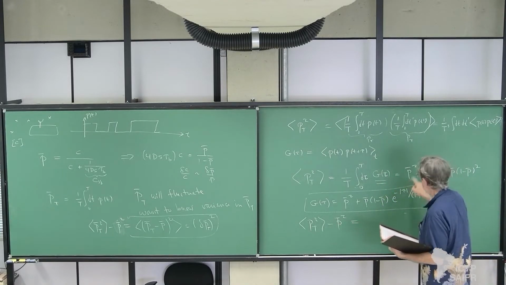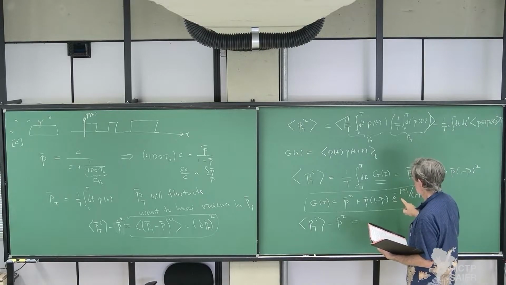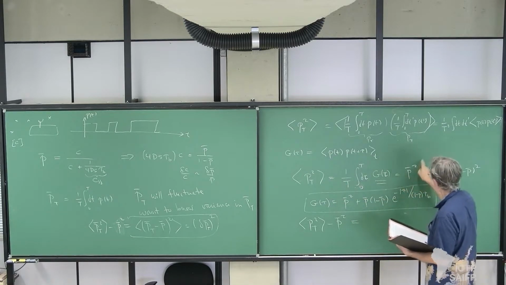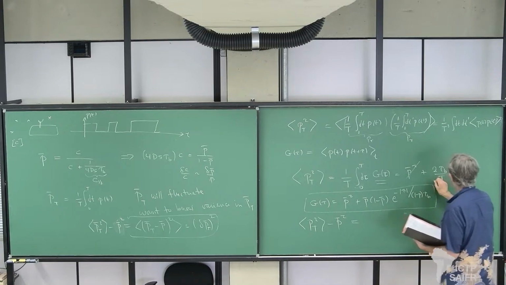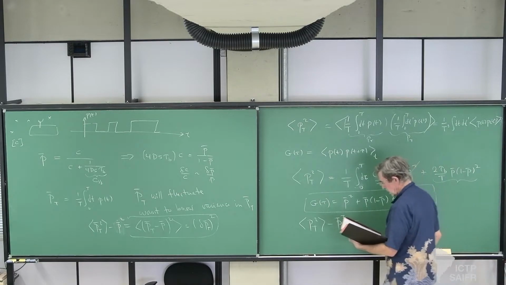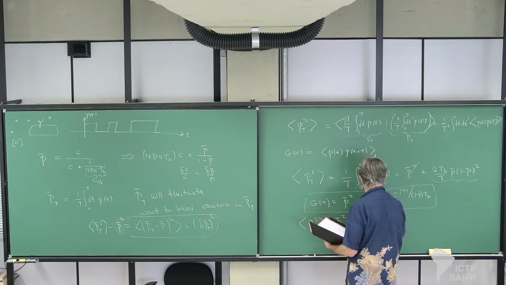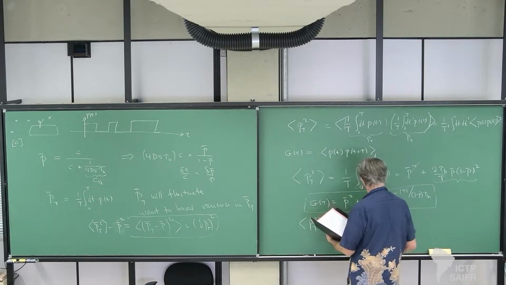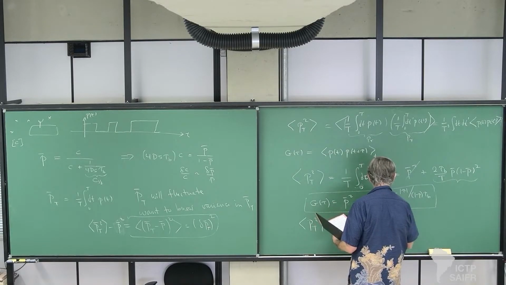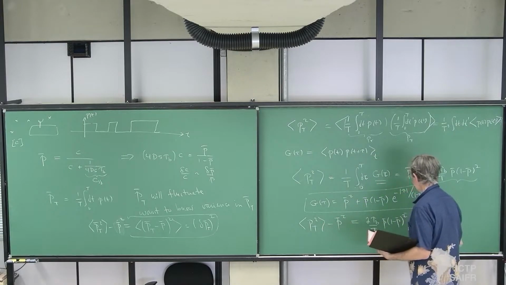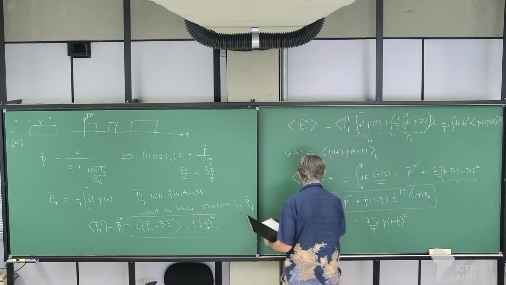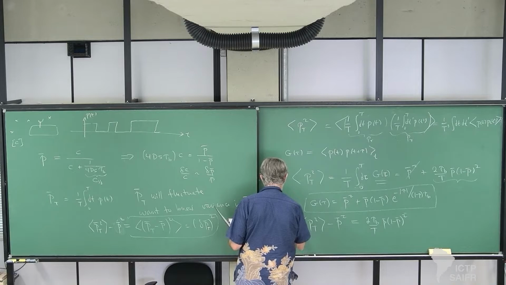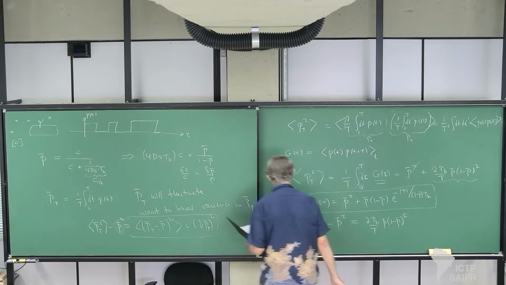And so when I subtract this constant term from our calculation, this goes away, and I'm simply left with 2 tau b over capital T times p bar (1 minus p bar) squared. Okay, so this is delta p_t squared.